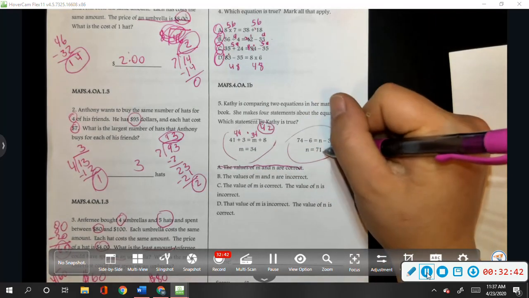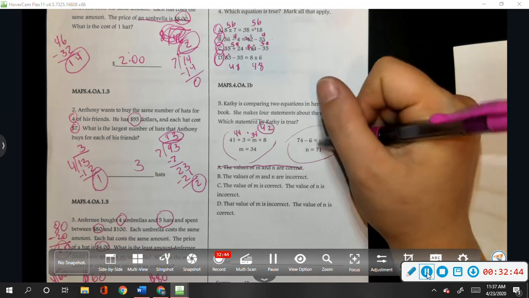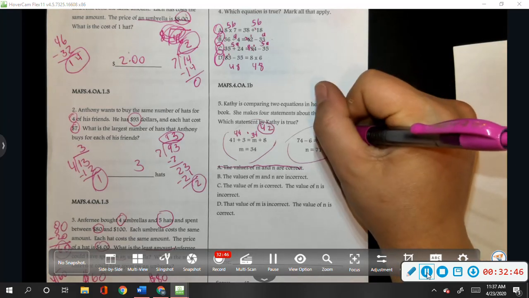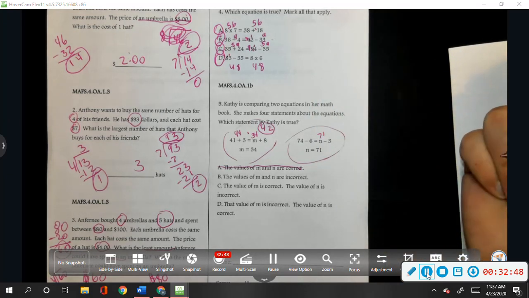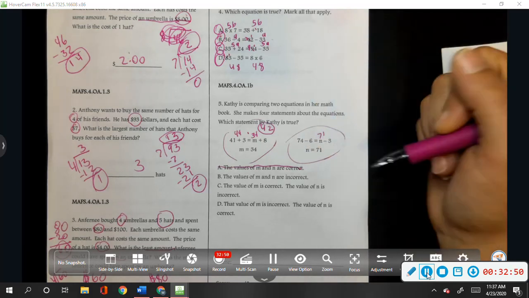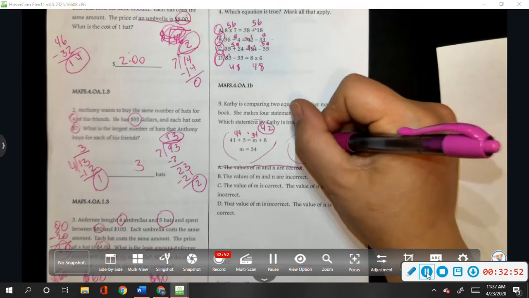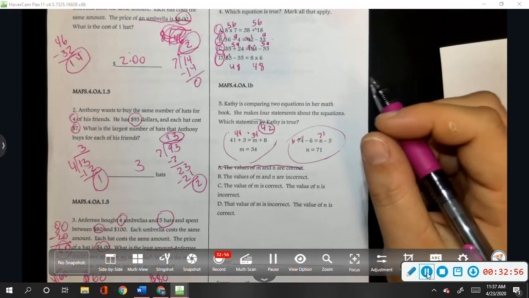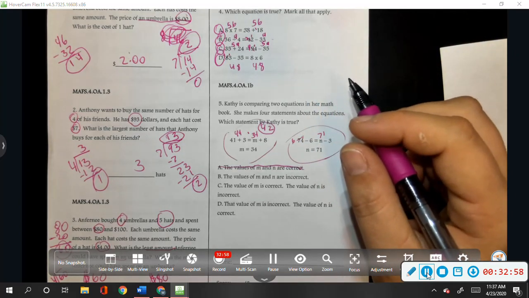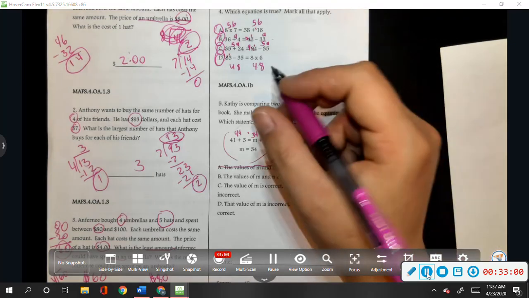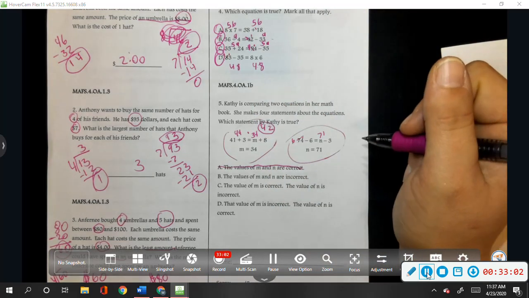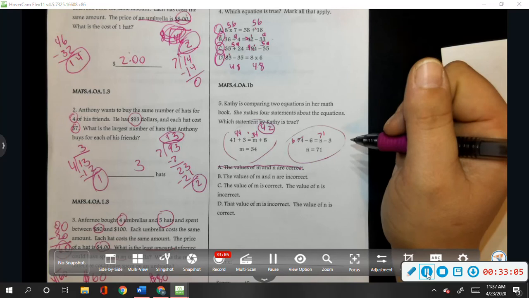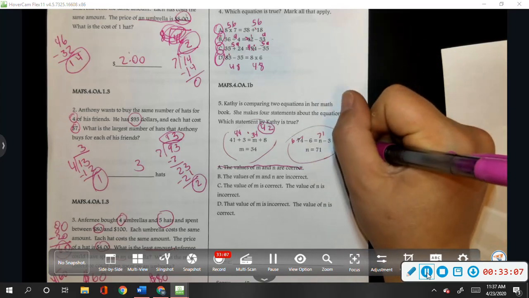Well, let's look at n real quick. N says it equals 71. 74 minus 6 is going to be 14 minus 6 would be 8. Oh, and I lost my spot. 8.